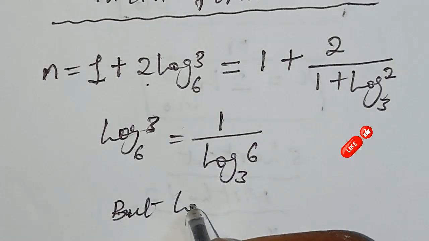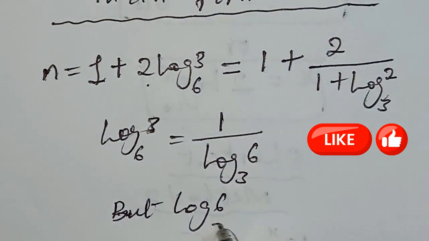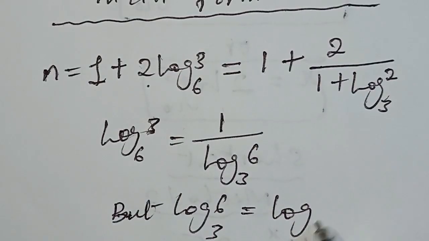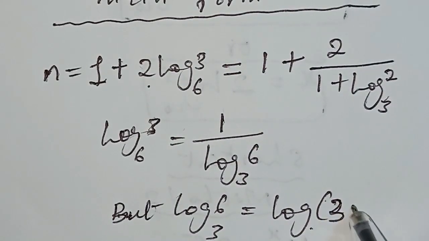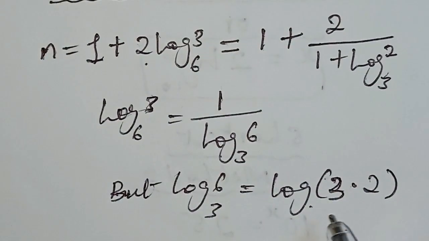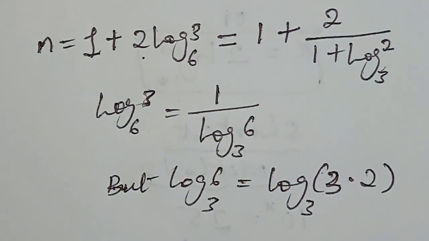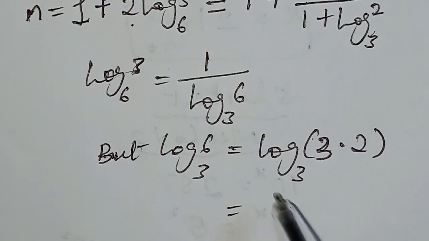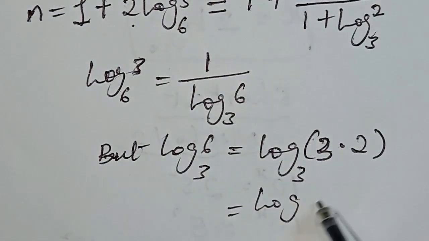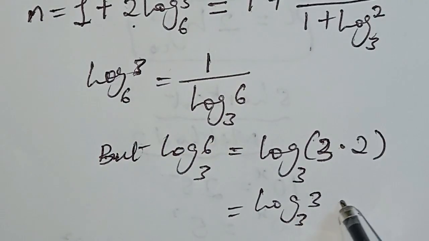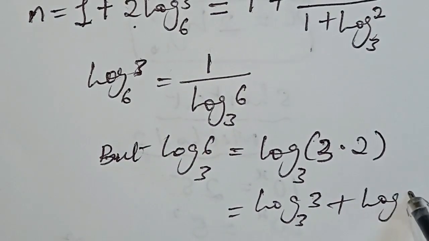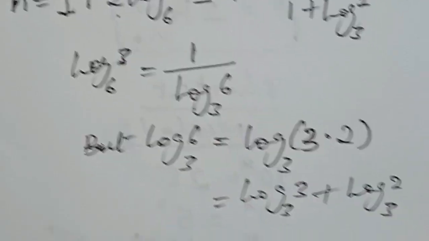But log 6 base 3 is equal to log of 3 multiplied by 2 base 3. Now here we can write this as log 3 base 3 plus log 2 base 3.